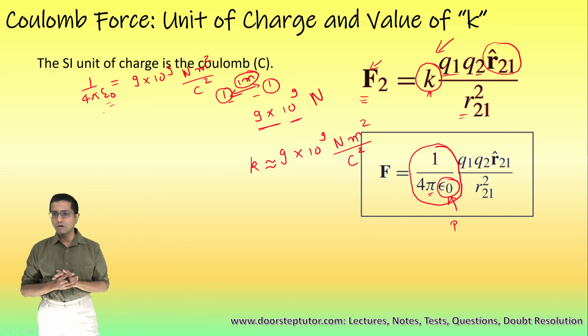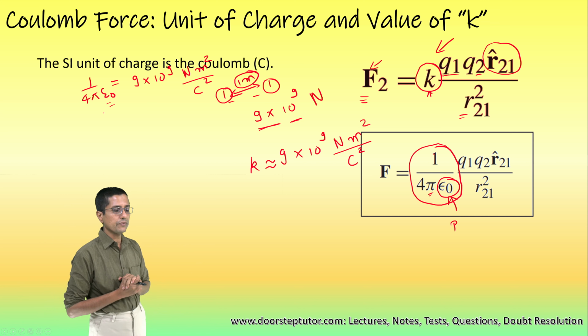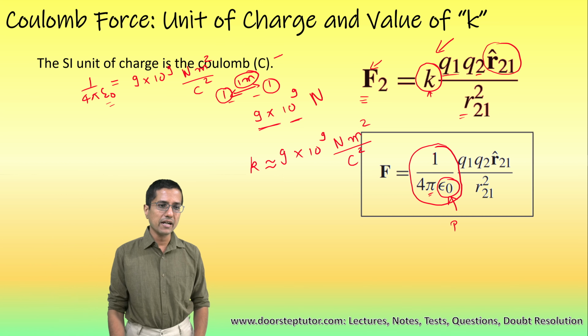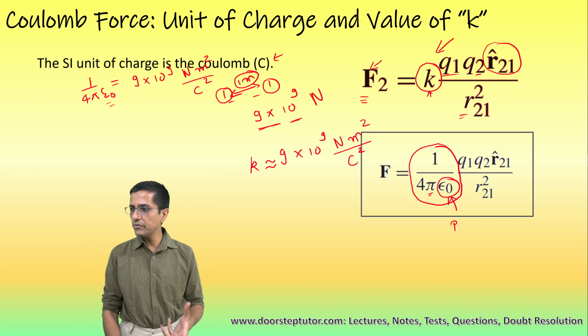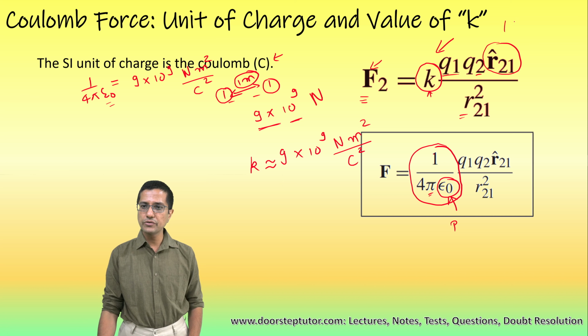Now another way to define the magnitude of 1 Coulomb, right? So 1 Coulomb, we defined it using the force. Another way to define it is using the charge of an electron. So the charge of an electron we know is 10 raised to power minus 19 Coulomb.